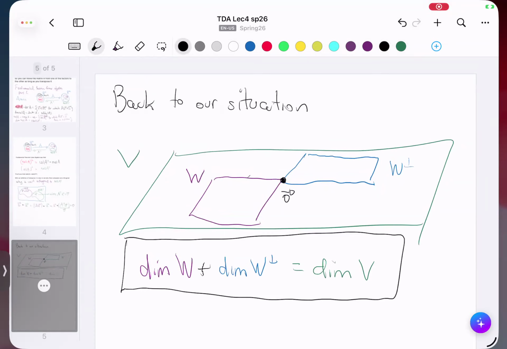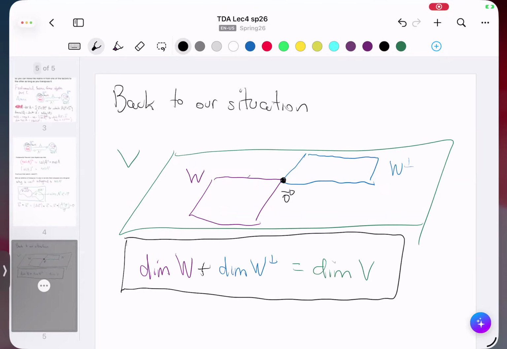And because their intersection is only the zero vector, that also means that if you have a vector in the larger space, there's a unique way to write it as a sum of two vectors, one in each of these pieces.